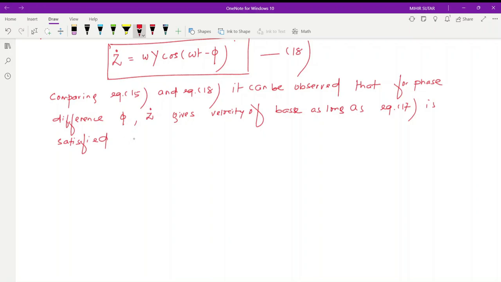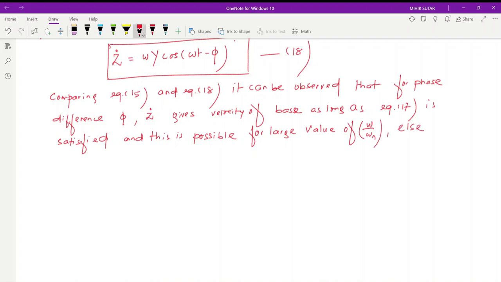And this is possible for large values of omega by omega n.